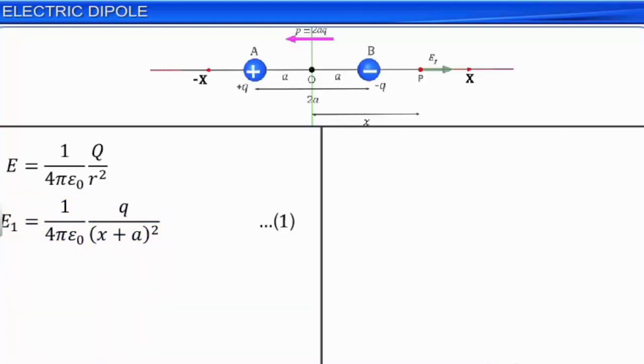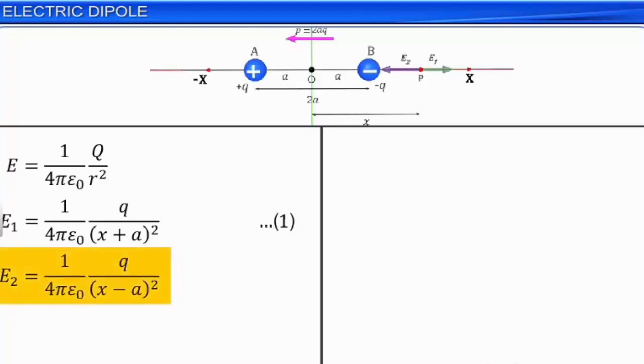Similarly, the magnitude of the electric field strength E2 due to the charge minus q is equal to 1 by 4 pi epsilon naught, q by (x minus a) square. Let this be equation 2. The direction of this electric field is in the direction of the dipole moment. The point P is nearer to the charge minus q than the charge plus q.